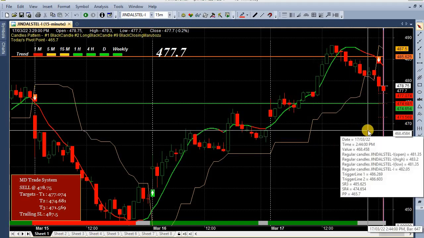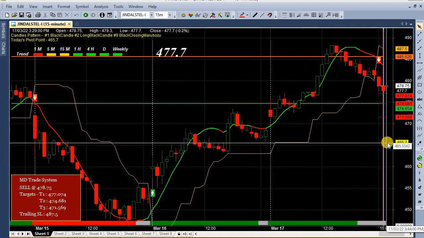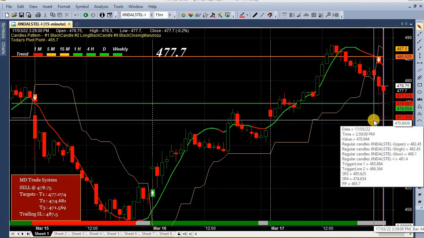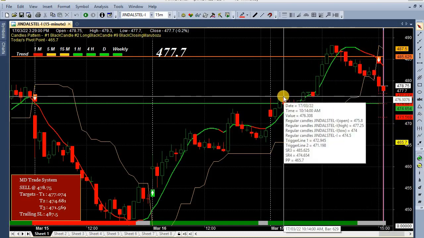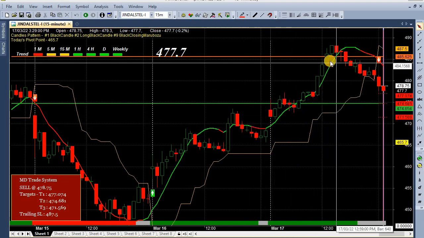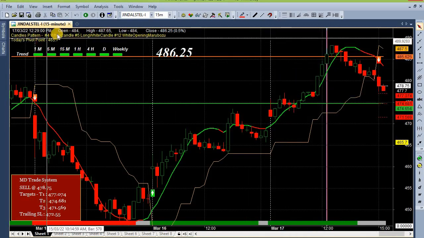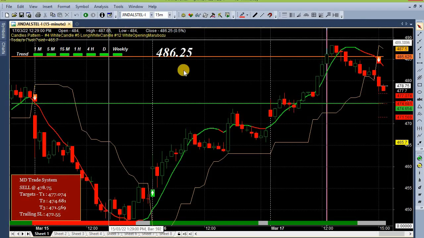Also, if you are technically savvy and you are into your technical study of candlestick patterns, right? For this we also have a facility that each and every candle has a name, right? These names are denoted automatically in the chart.